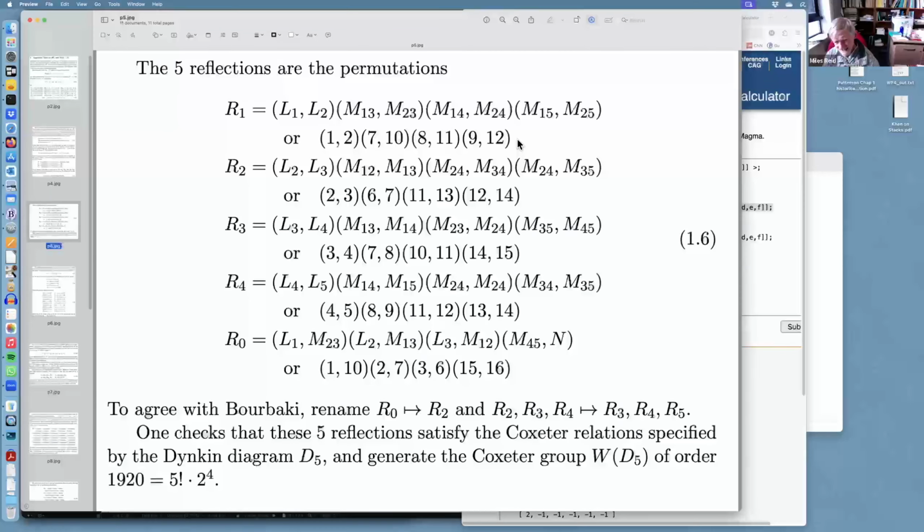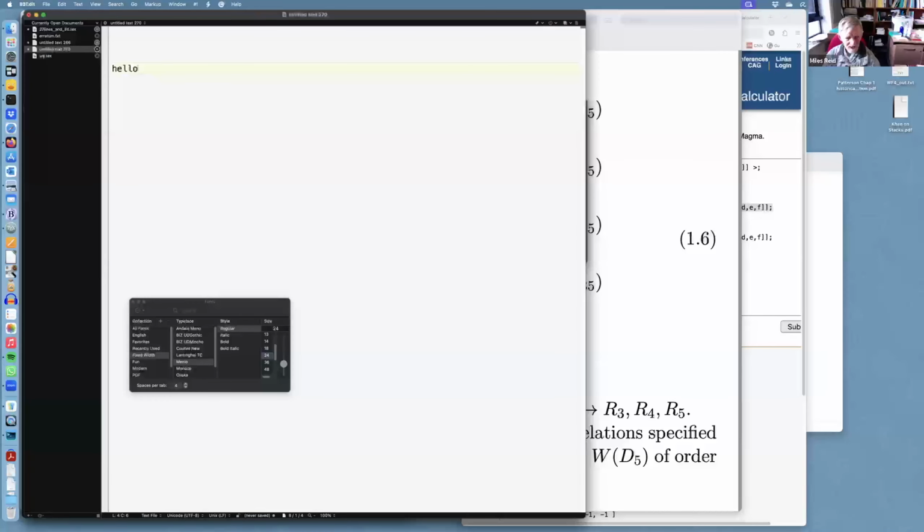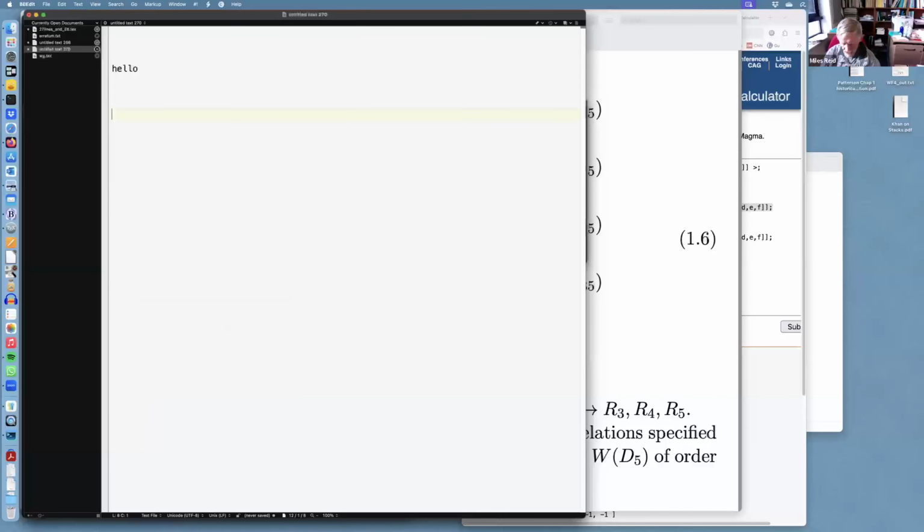So these are 5 symmetries of a set of 16 elements, and the 5 reflections satisfy the Coxeter relations for the Dynkin diagram D5 and generate it. The Dynkin diagram of D5 is this: it's 5 vertices, and this specifies a Coxeter group.